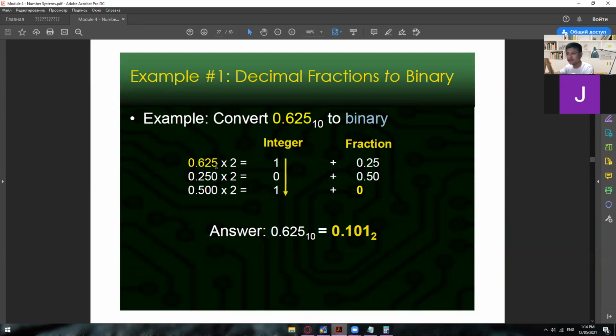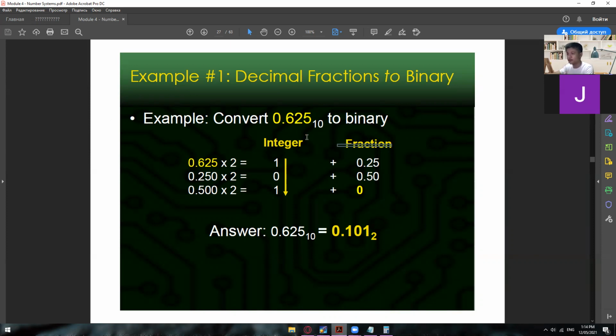But in here, we're going to multiply by the base where you want it to be converted to. This time, we're not getting the integer part. We are getting the fraction part. So it's quite the opposite of the process we did in whole number decimal.